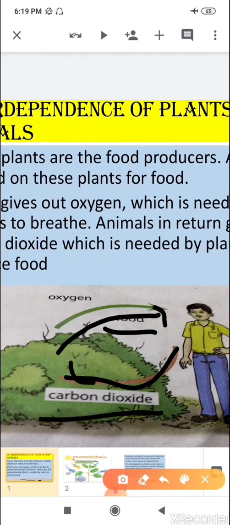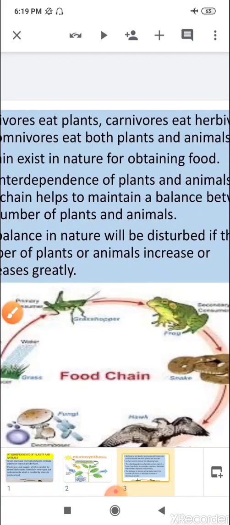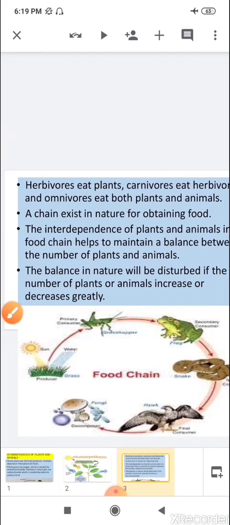And photosynthesis is the process by which plants synthesize their own food. Then we have learned that a chain exists in nature for obtaining food. Then we have seen the example of a food chain, and how plants and animals depend on each other, and how all animals therefore depend on plants for food.